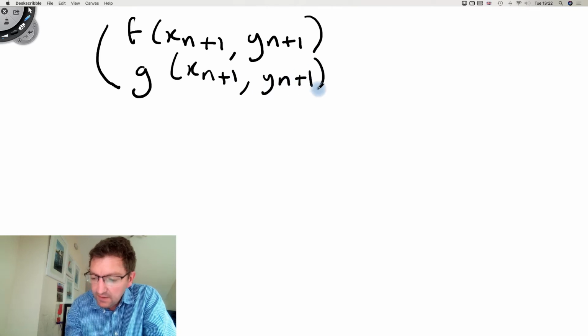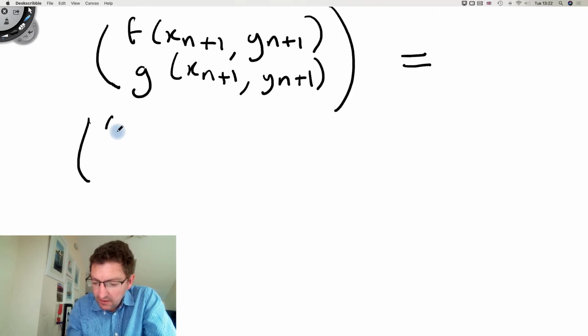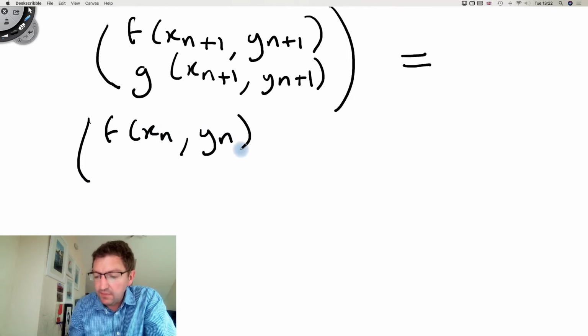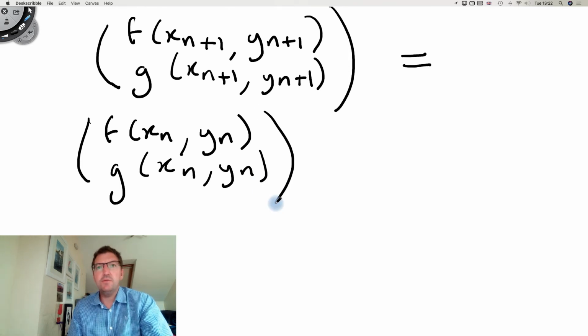Okay. Equals, I'm going to write this on a new line, f of x n, y n, g of x n, y n. Okay, so then we're iterating the function at the new value of x n plus 1 from the old one.